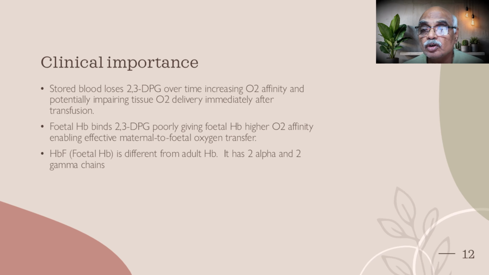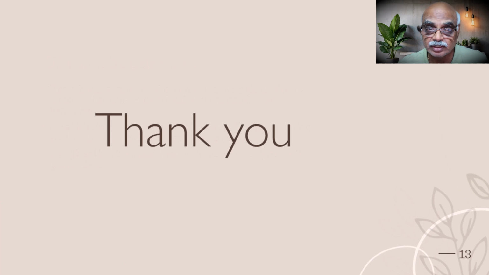And fetal hemoglobin is different from adult hemoglobin because it has 2 alpha and 2 gamma chains. In comparison, adult hemoglobin has 2 alpha and 2 beta chains. Thank you. Hope this lecture helped you.